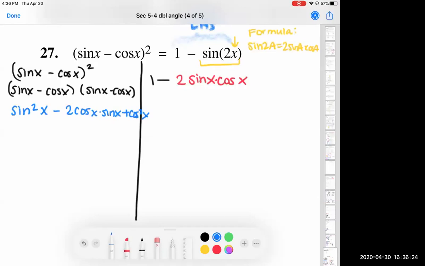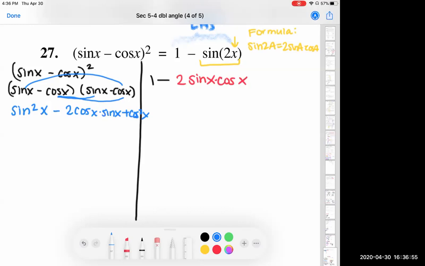Right? Sine times sine gives you sine squared. Sine times negative cosine gives you minus sine times cosine. Negative cosine times sine x is another negative sine cosine x. And negative cosine times negative cosine gives you cosine squared x. Now I want it to look like the right, 1 minus sine of 2x.